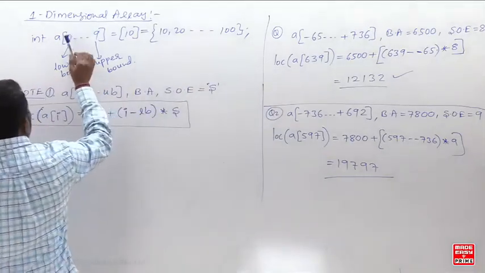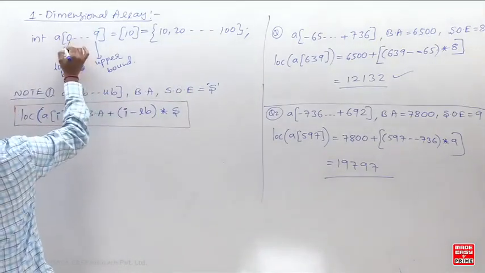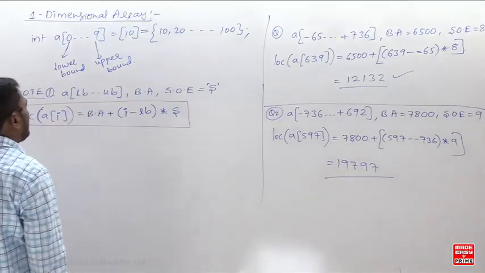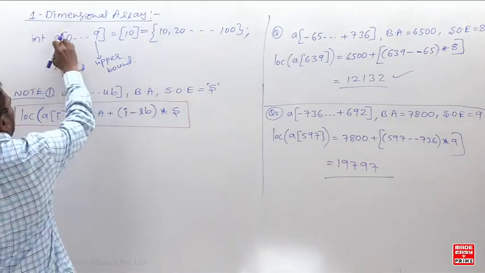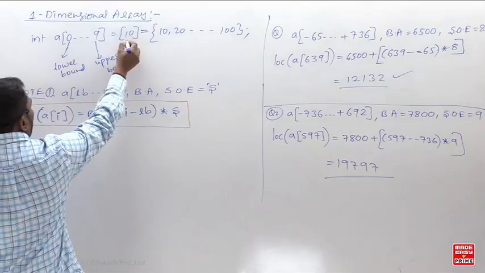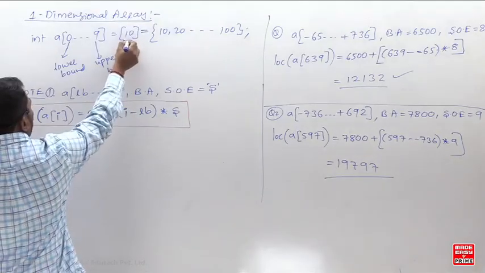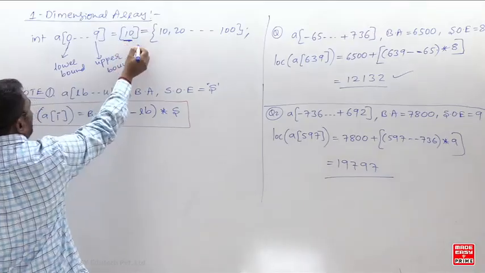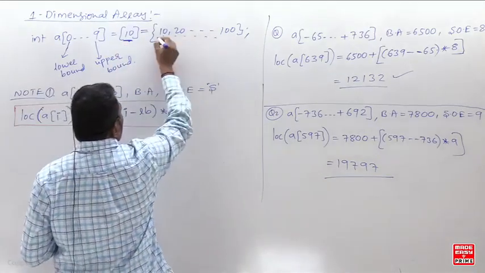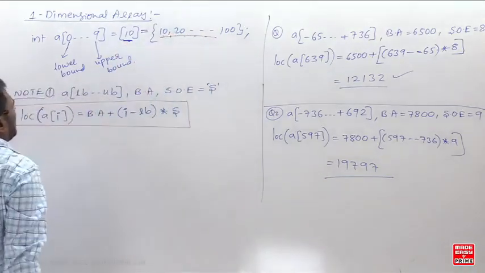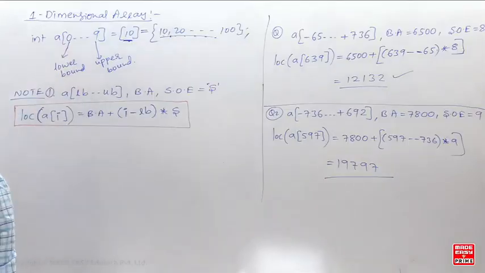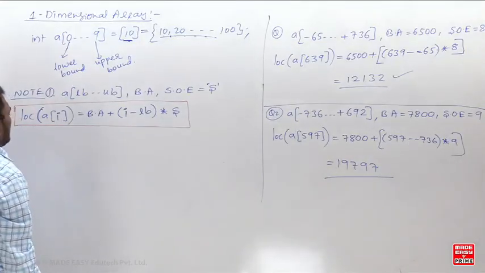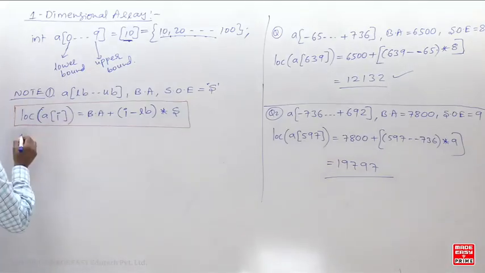Carefully understand. In the previous example, it is given that the lower bound is 0, and the array is having A of 10, total 10 elements. This is the total, not the lower bound. These 10, 20, 30 are the values. This is the lower bound. Don't confuse. So this is the formula. Now, second point.